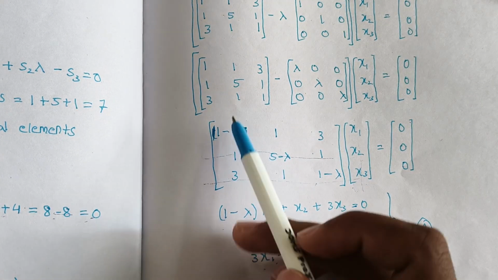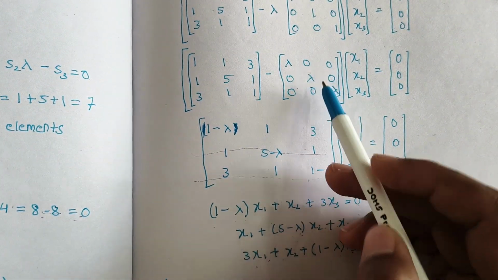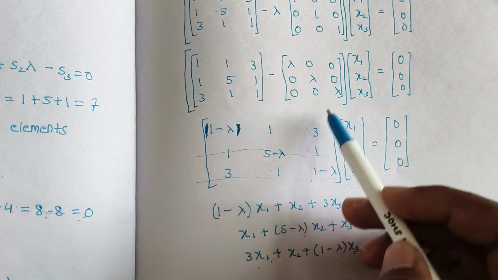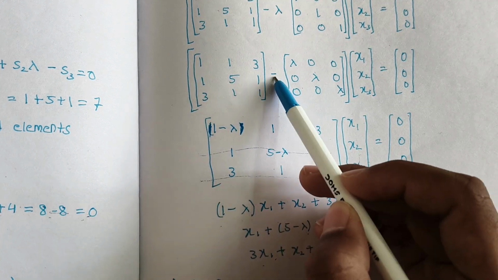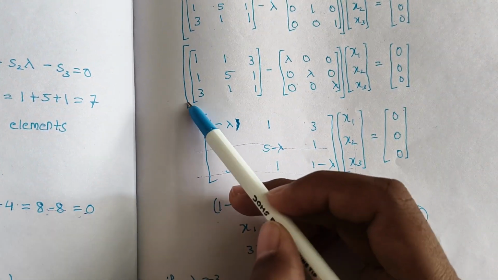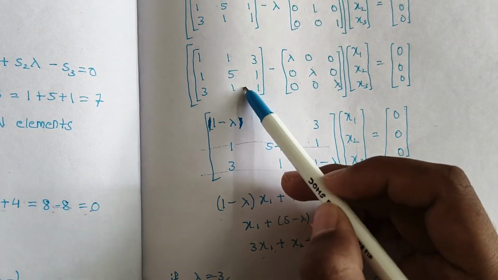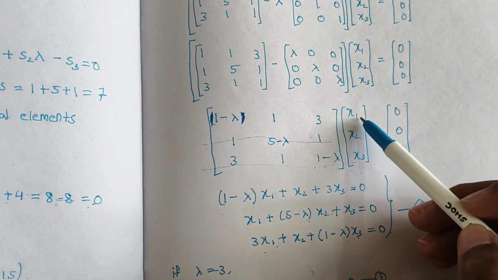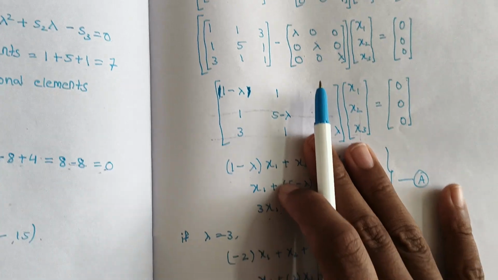Then again 1 minus lambda, 1 minus 0, 1, 3 minus 0, 3, 1 minus 0, 1, then 5 minus lambda, 1, 3, 1, 1 minus lambda. Then x1, x2, x3 equal to 0, 0, 0.